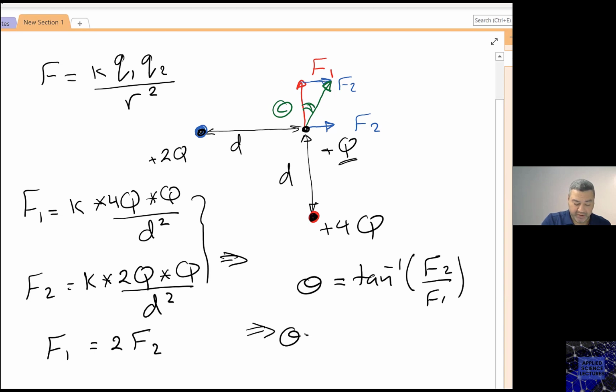So theta is tan inverse F2, which is half F1, over F1.